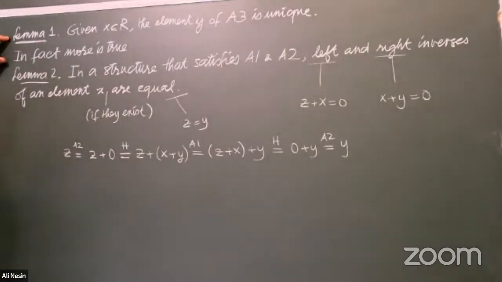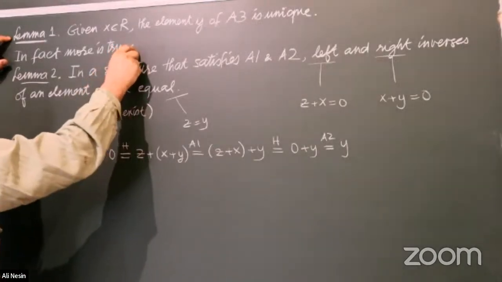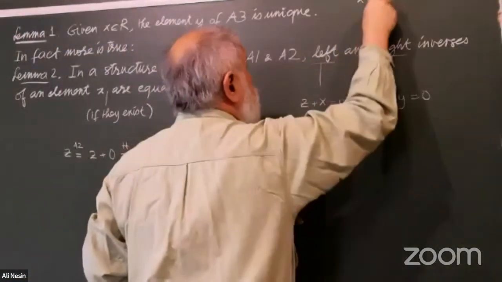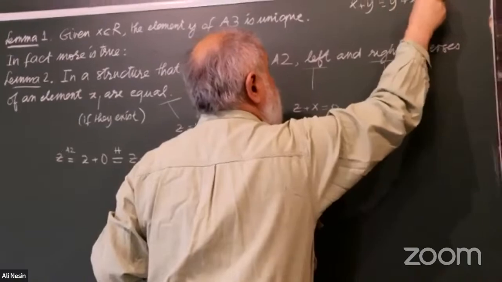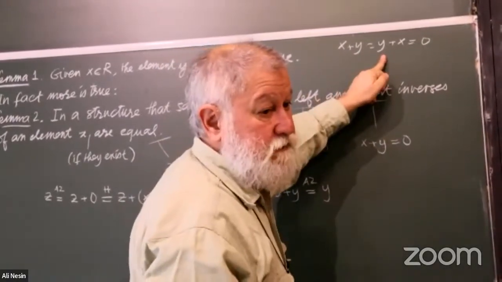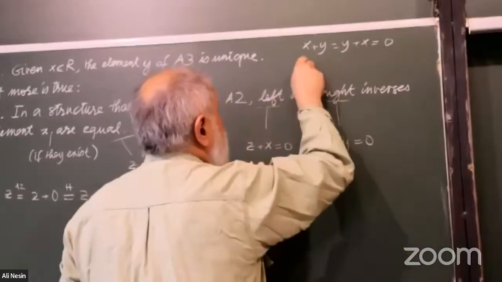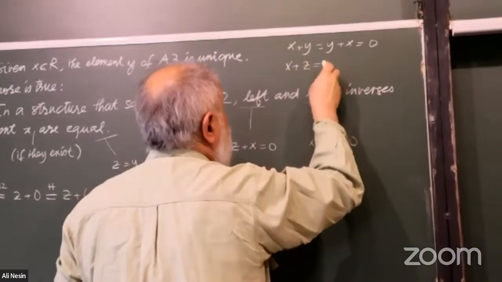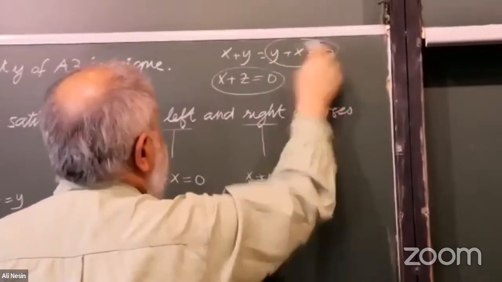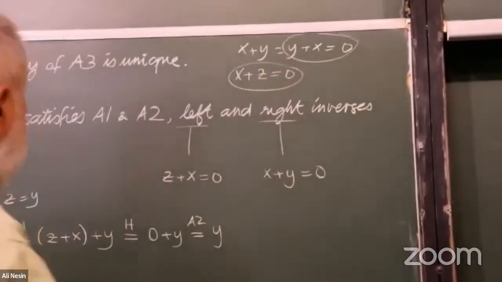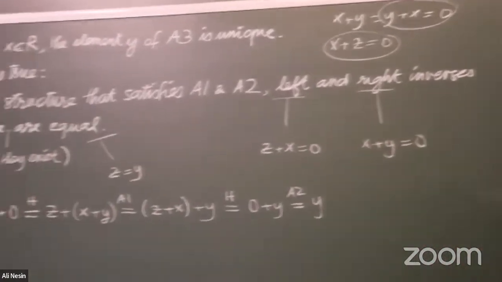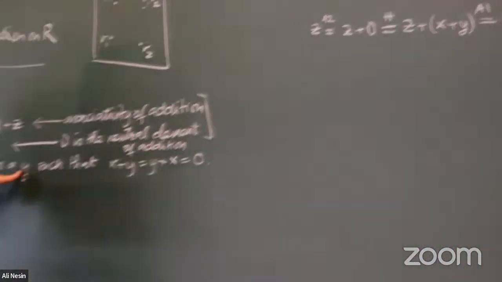And lemma 1 follows from this, because if you have X plus Y equal to Y plus X equal to 0, that means that Y is both right inverse and left inverse of X. So therefore, if you have X plus Z equal to 0, for example, because of this and this, Z is equal to Y. Since this element Y is unique, we can give a special name to it.